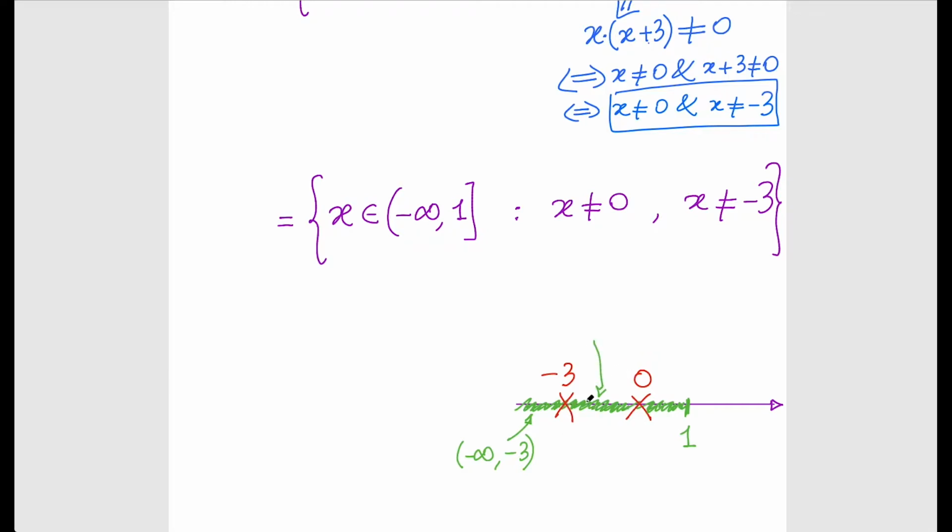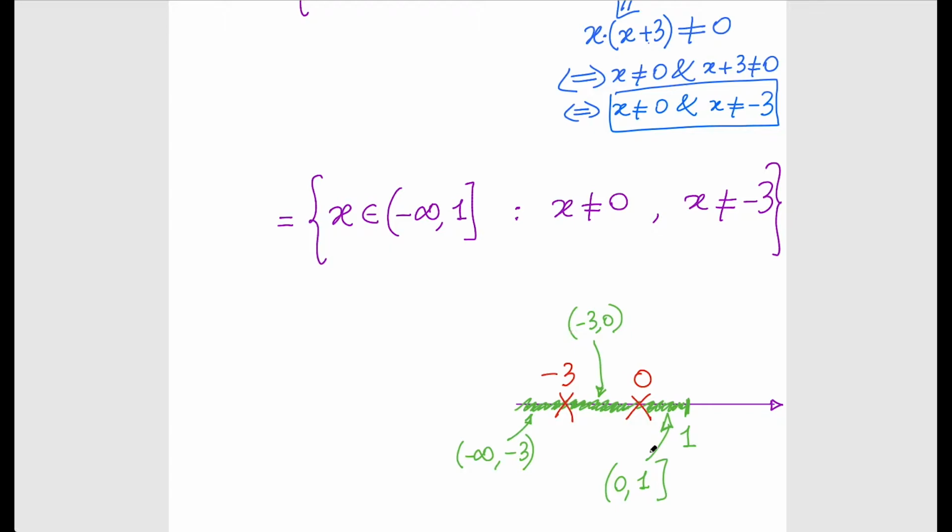How about those guys here? Those are all numbers between minus 3 and 0, excluding the endpoints. And how about those guys? Those are from 0 to 1, including 1, excluding 0. So what's the collection of all the good guys? Each of these sets contains good points.